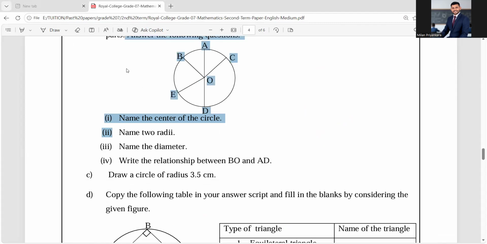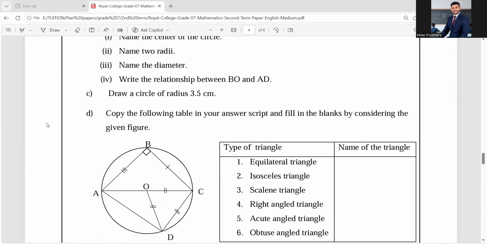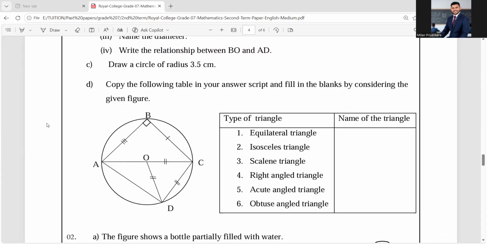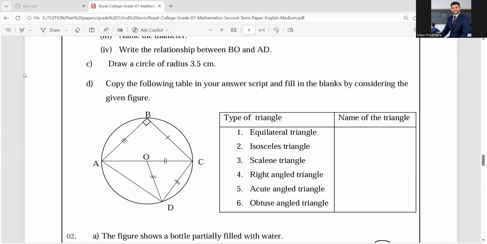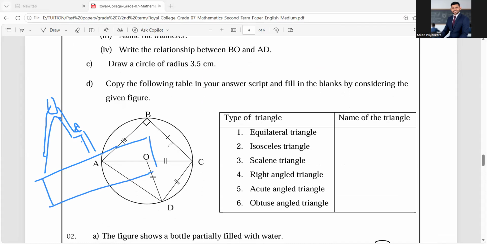Okay, then let's see what we can do with part C. Draw a circle of radius 3.5. I'm going to show you with the compass. You take the compass like this, then you take the ruler, and you have to draw a circle of radius 3.5 centimeters.